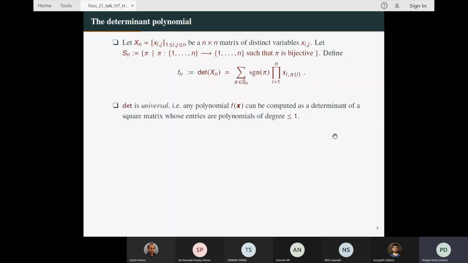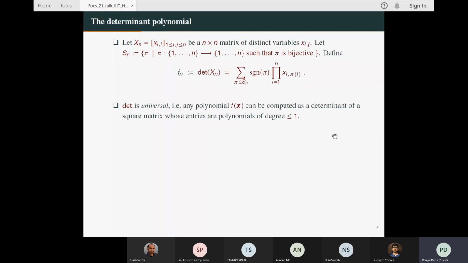And the point of talking about this is that the determinant is universal, and by universal I mean that any polynomial f can be written as a projection of the determinant. Suppose I am given a polynomial f.